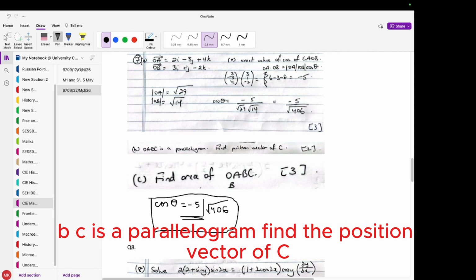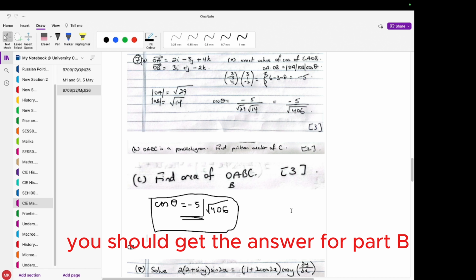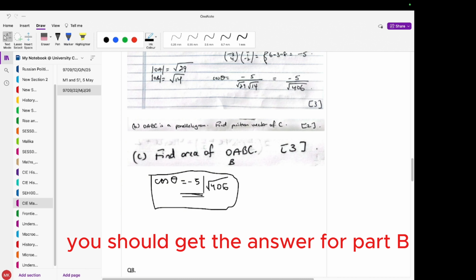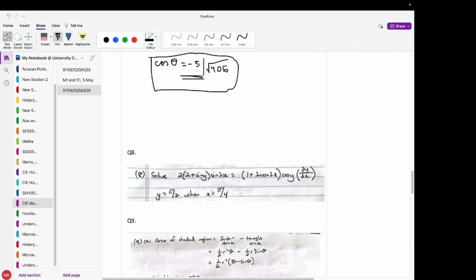Now for B, OABC is a parallelogram. Find the position vector of C. You should get the answer for part B to be OC equals 1, 4, minus 6.